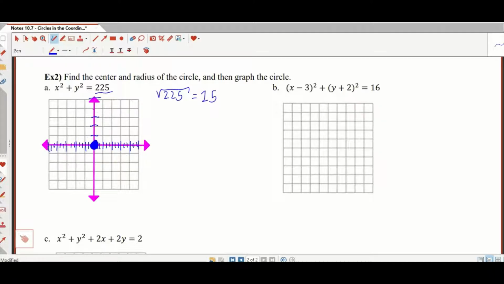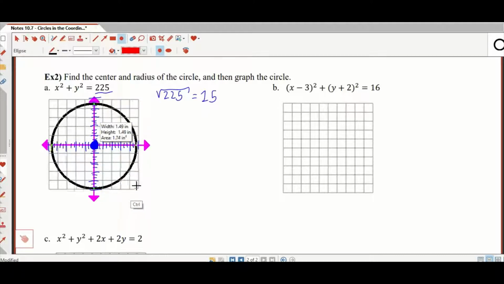Each of these needs to count as 3. Which means that my circle is centered at 0, 0 and has a radius of 15, comes out to that 15.